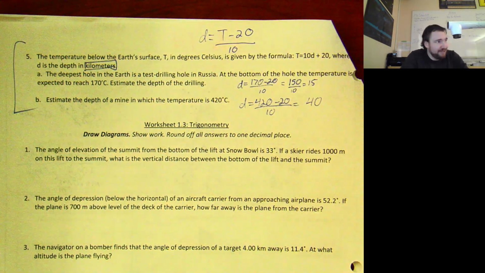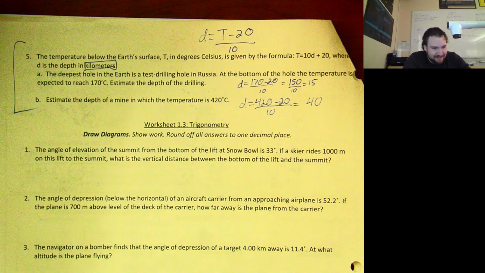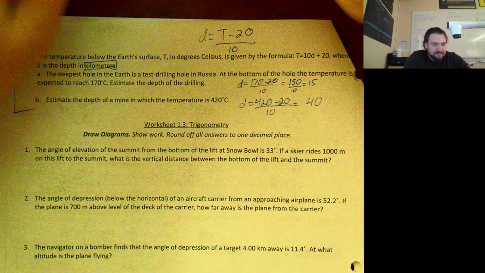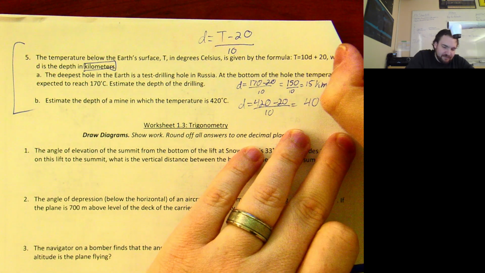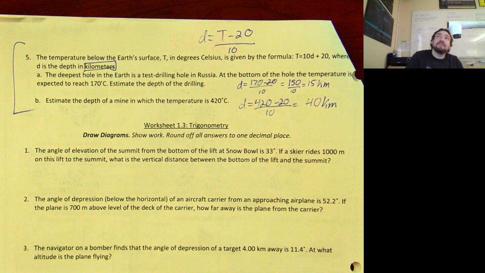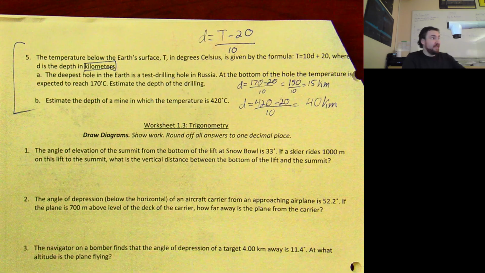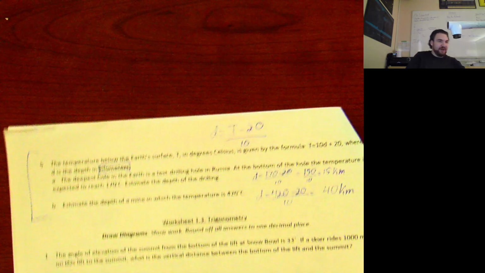Thanks, James, for reading the question more closely than I did. So then we've got to include our units. Comments, questions, concerns, either of those? Hearing nothing. Okay, let's go review some trig. Flip the page.